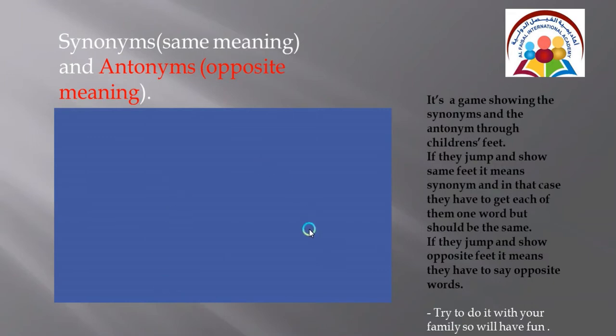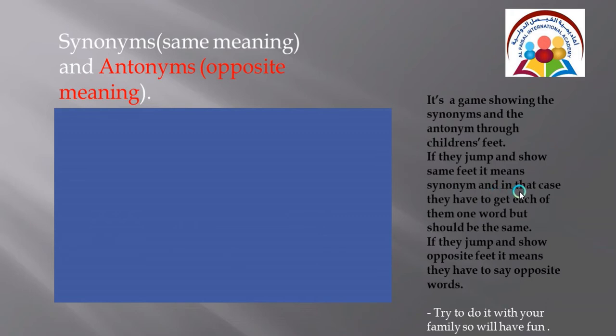Here, as you see, we have a video. You can play it. This video shows the synonym and the antonym through children's feet. If they jump and show the same feet, it means synonym.